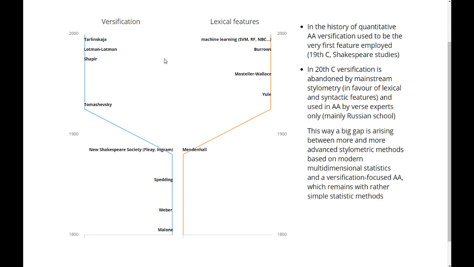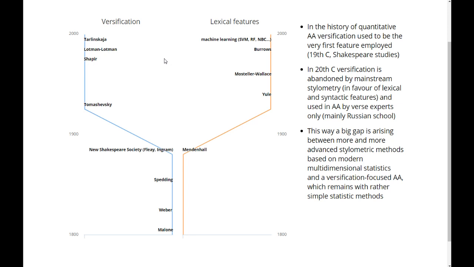as an argument. The thing is that in the 20th century there was a big gap between more and more advanced stylometric methods based on multidimensional statistics and these studies on versification provided by versification experts, which remained with rather simple descriptive statistics.